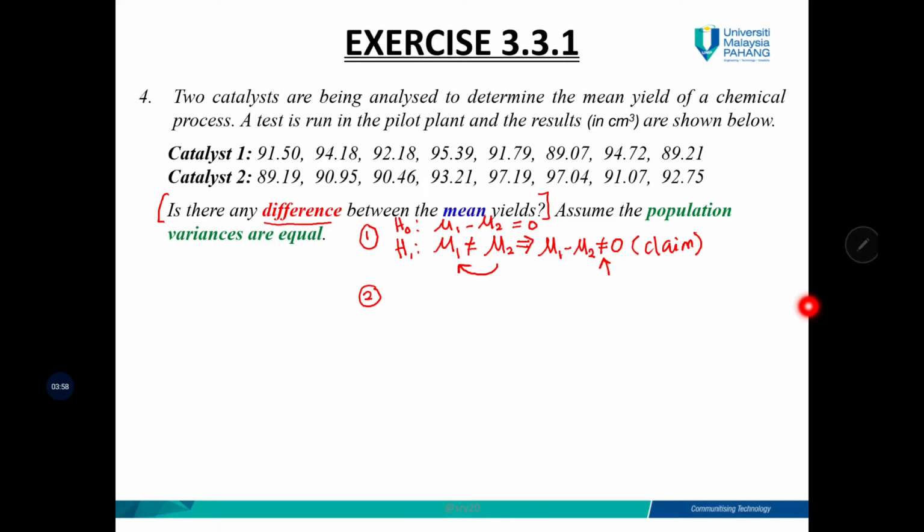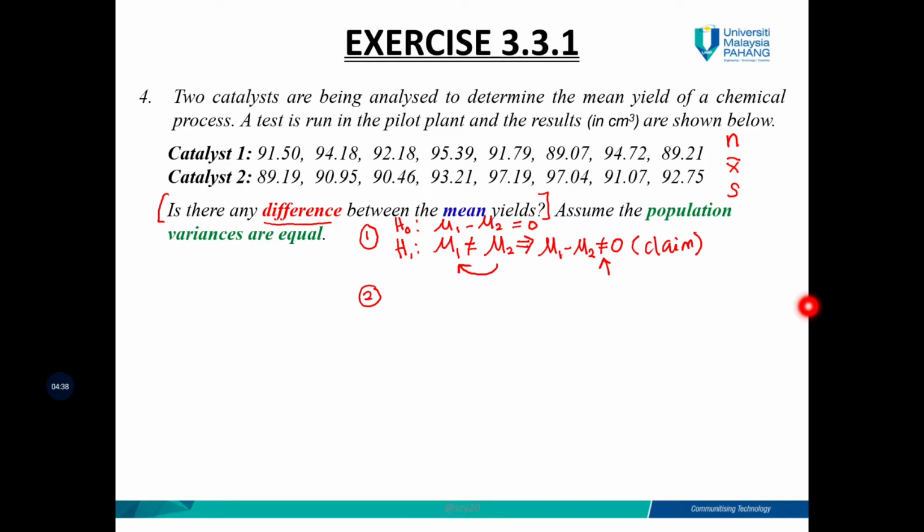Based on this data set, we can get a data summary for each catalyst: n, x bar, and s, since this is a sample data set, not a population data set. Usually when the data is a population data set, the question will mention it.